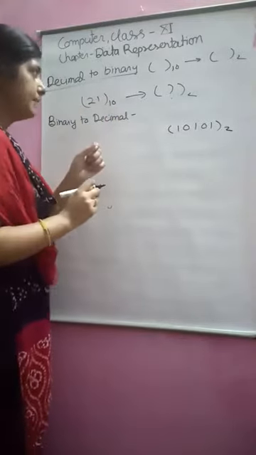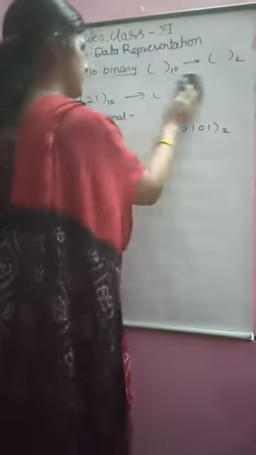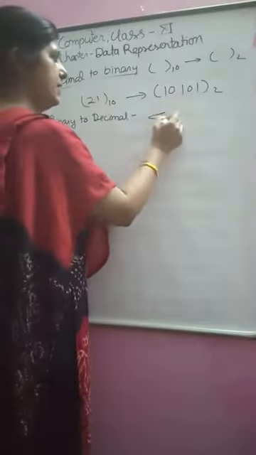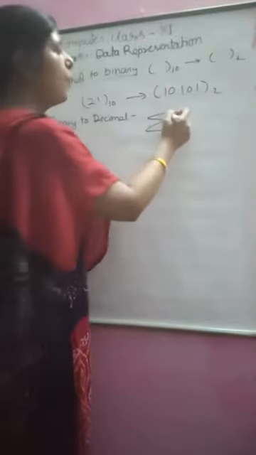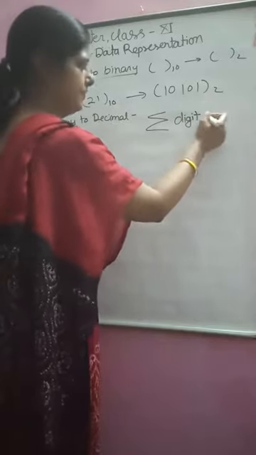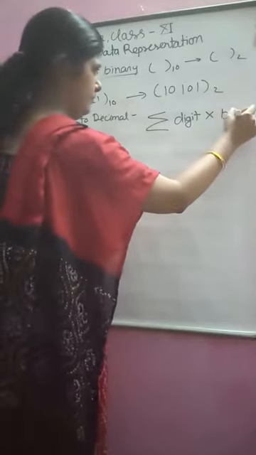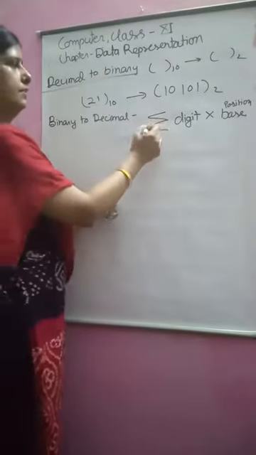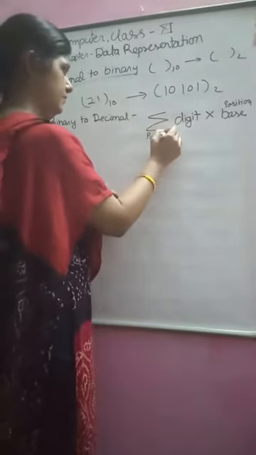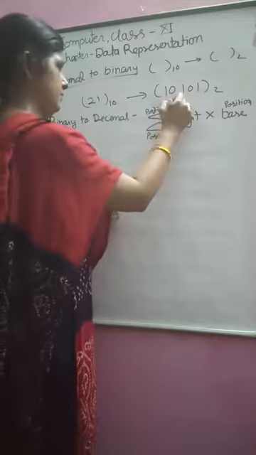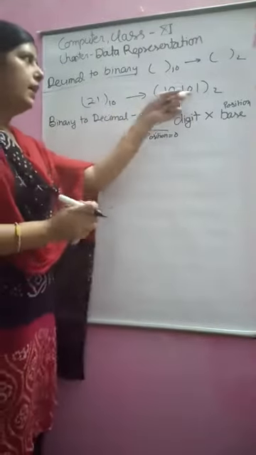From binary to decimal, the formula is the summation of all digit weights in the binary number.